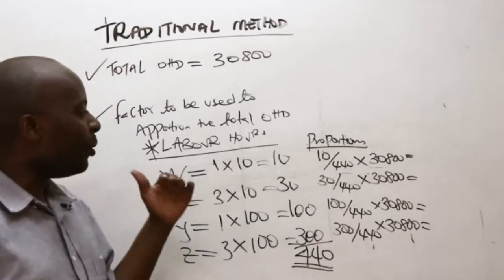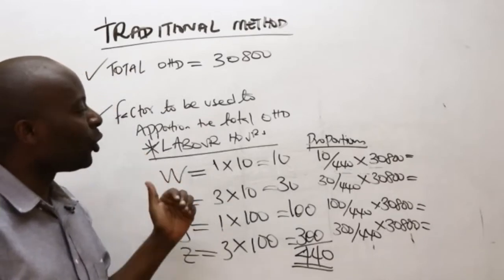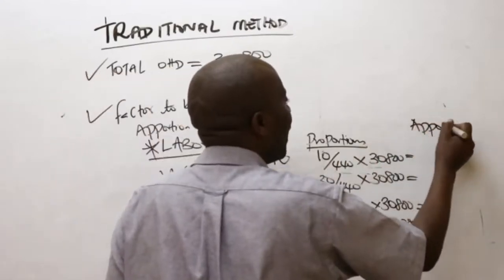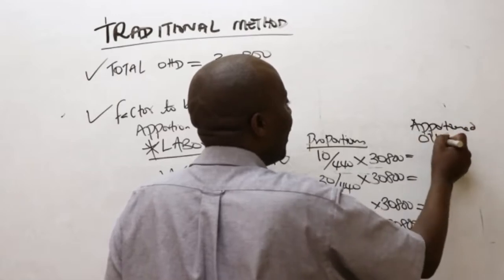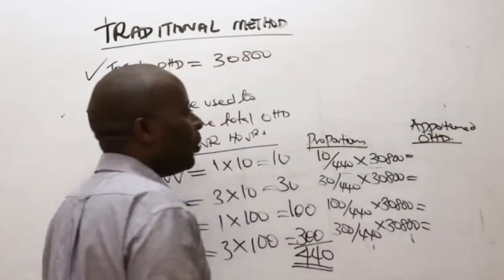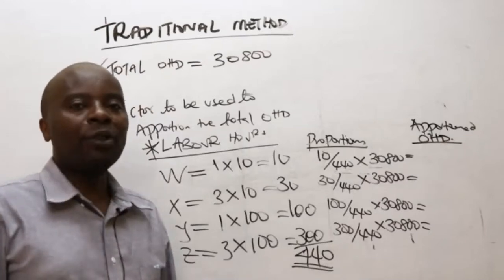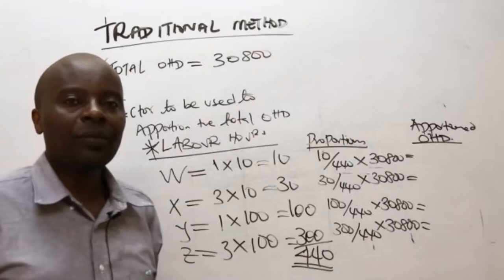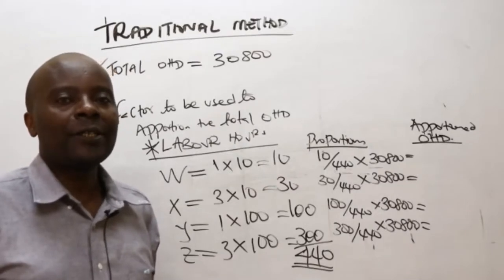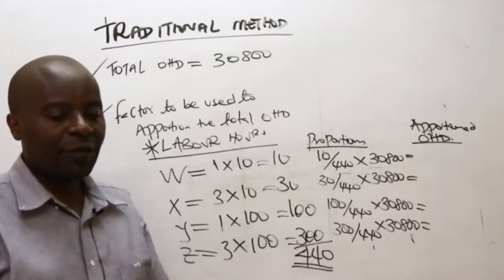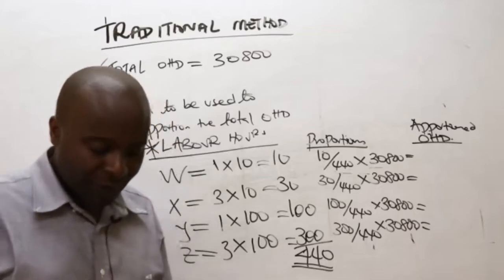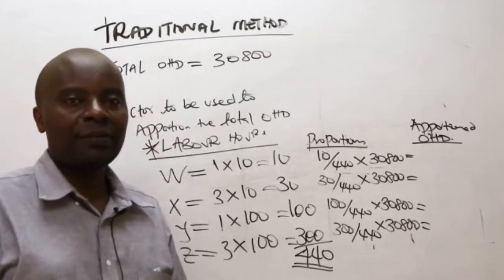Whatever I get here will be called the apportioned overhead. Kindly give me the answers very fast.